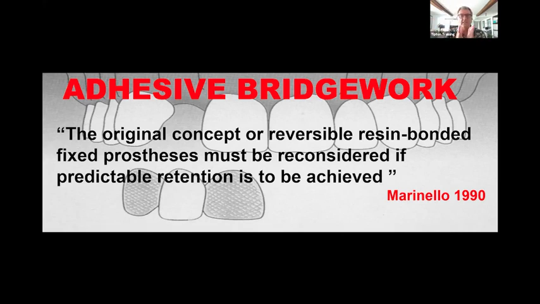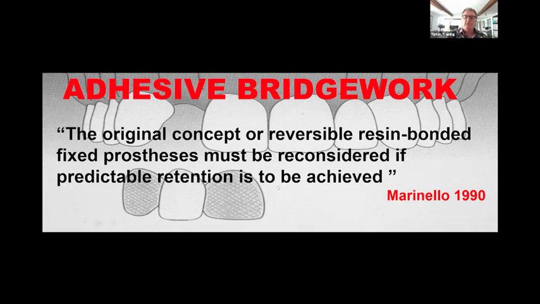Retention is mostly a function of surface area. Resistance form is a function of guide planes, making sure you maximize your surface area, axial inclinations and convergence angle, rest seats and grooves. And those are the things that we need to put into a bridge.